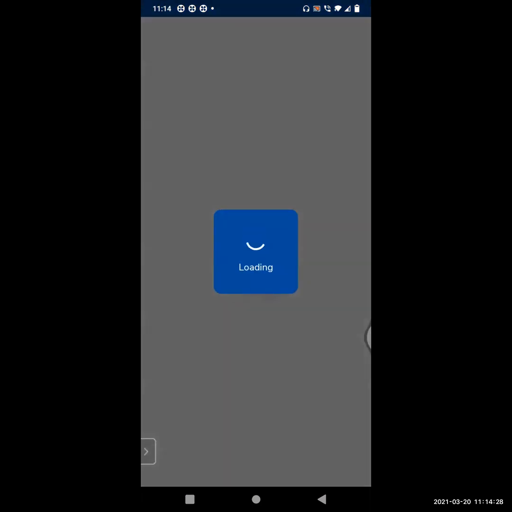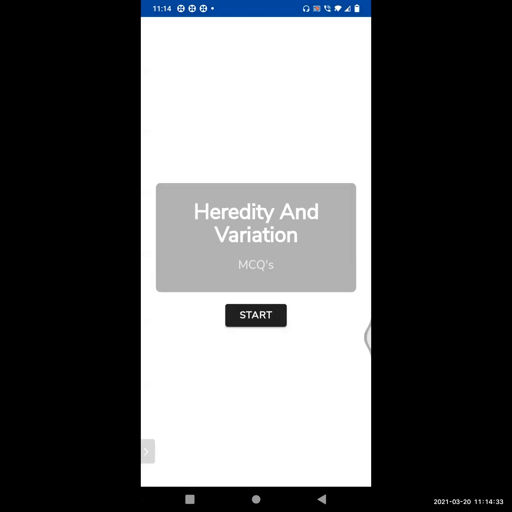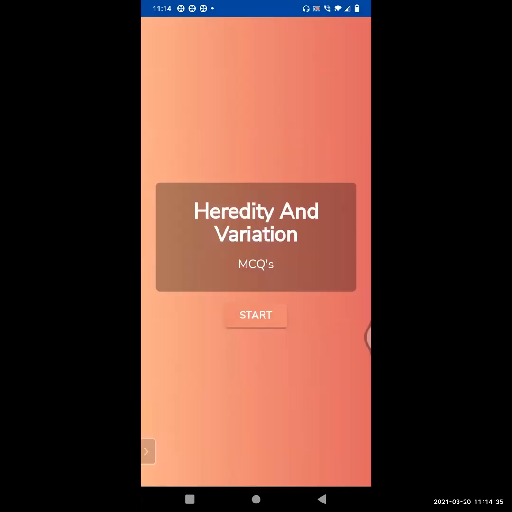So here is a small MCQ, that is multiple choice questions, which I would like you to answer.